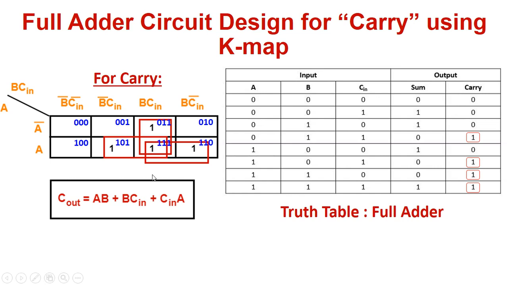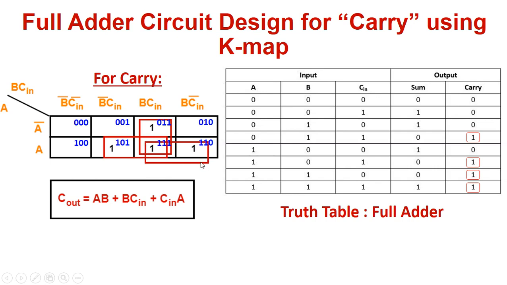Let us try to understand how we get the terms. Let us focus on the cells 101 and 111, that pair. Between that pair the common variable is A, and from the columns the common variable is C in. Therefore that pair gives AC in, which will be the third term in the expression. Now let us take the pair formed by the cells 111 and 110.